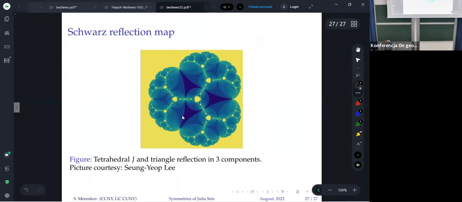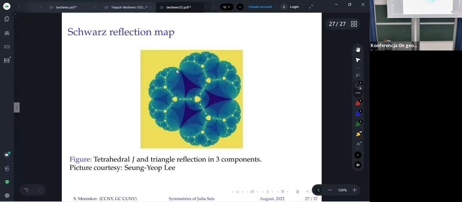The reflection maps here are not defined on the whole sphere. In this particular picture, your map is not defined on these triangular interstices because the Nielsen map is not defined on the whole sphere. So we needed different realizations here, not like Thurston's realization. The proper setup here, which Sabya will discuss, is Schwarz reflection maps.